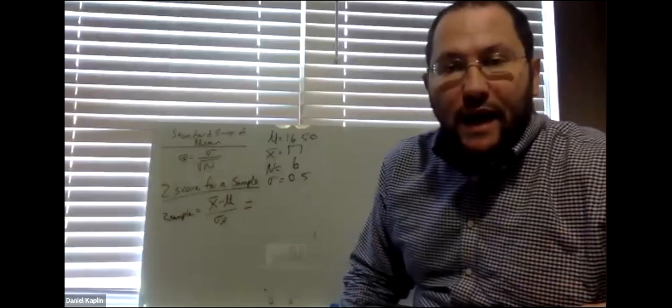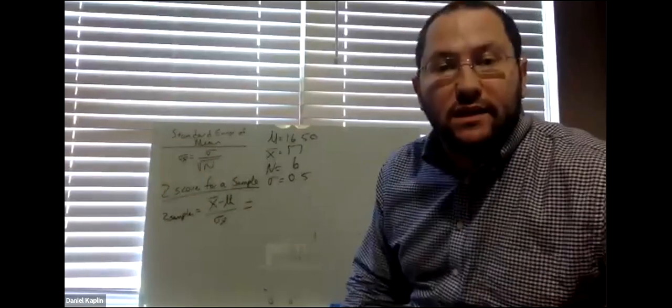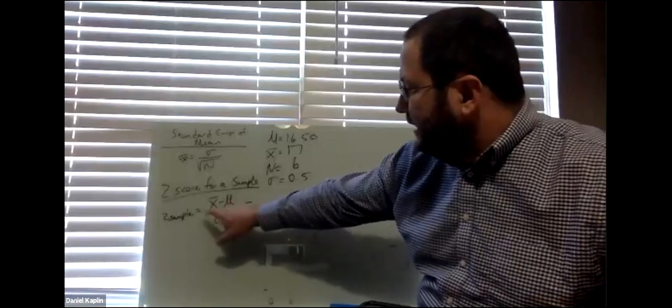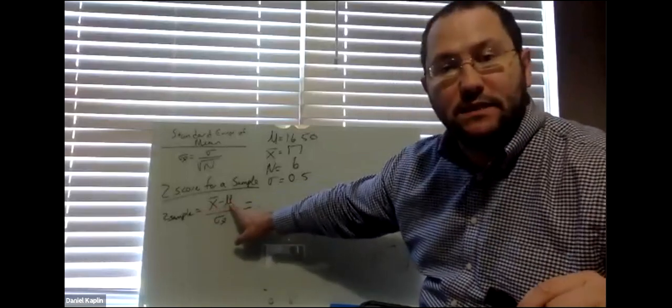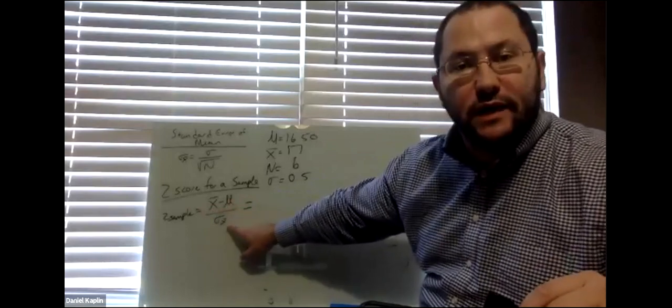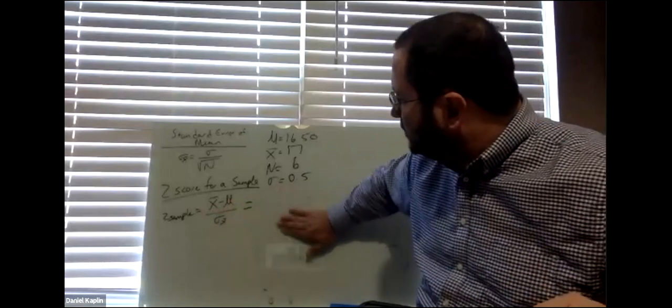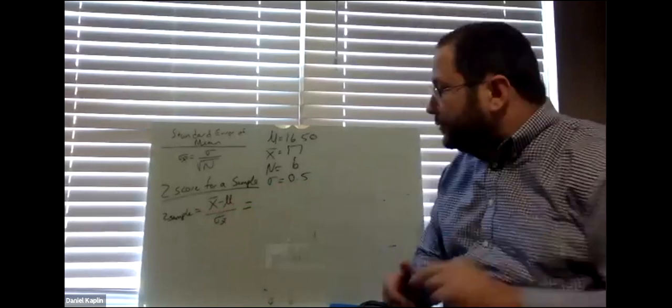All right, so we're back. Again, we need to calculate the z-score for a sample: the sample mean minus the population mean, divided by the standard error of the mean. No problem. So here's what we do.